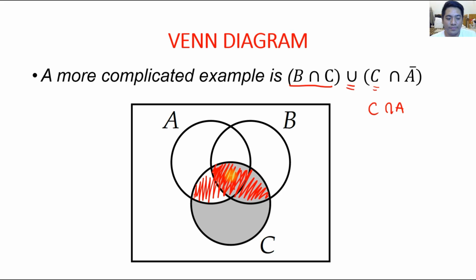But since we have A complement, we are going to delete this shaded region and leave it blank because it is in terms of A complement. That's why we have this Venn diagram represented by this shade of gray.